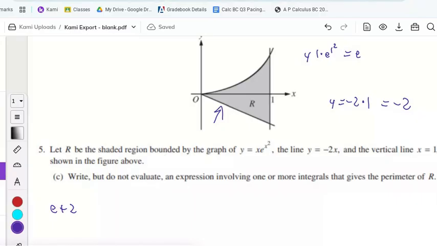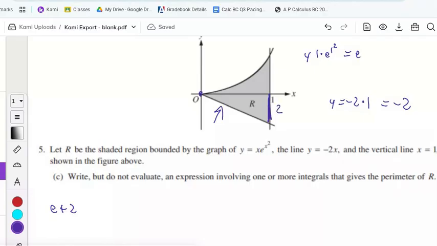Next, we should find the length of the line y equals -2x from its intersection points. From earlier, we know that y equals -2x intersects xe to the x squared at the origin 0, 0. We also know from earlier that it intersects x equals 1 at x equals 1. So we could use arc length, but that would be overly complicated. Let's just use the Pythagorean theorem. Earlier on in part C, we found that the length of this line right here is 2.